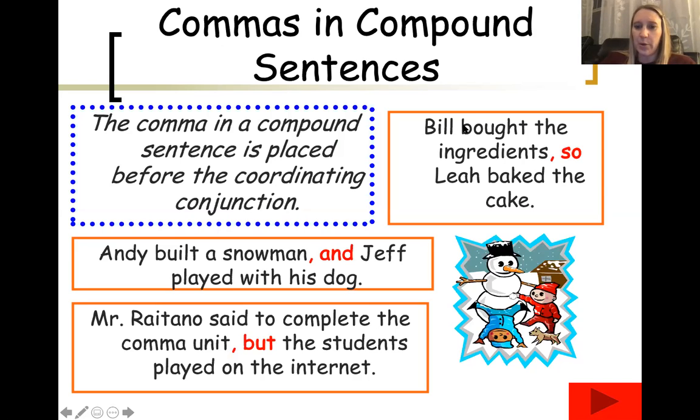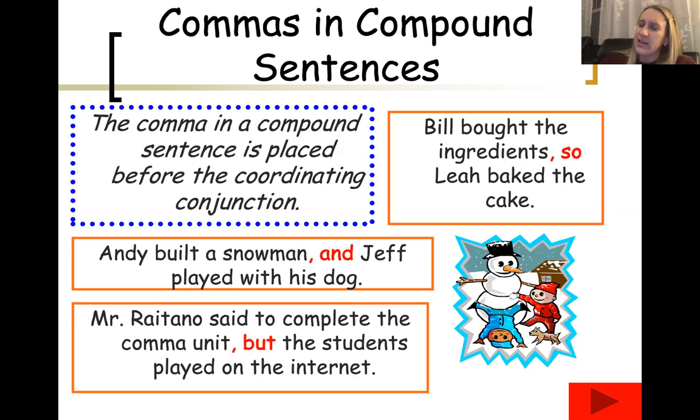Here's an example. Bill bought the ingredients is our first independent clause. Leah baked the cake is our second independent clause. To combine that and make it a longer sentence, to make our writing flow better, we use a conjunction, in this case, so, and we place the comma before the conjunction. Another example: Andy built a snowman, and Jeff played with his dog.